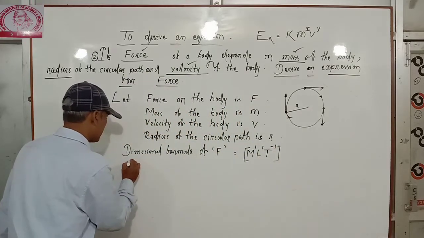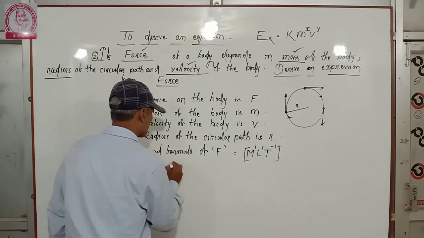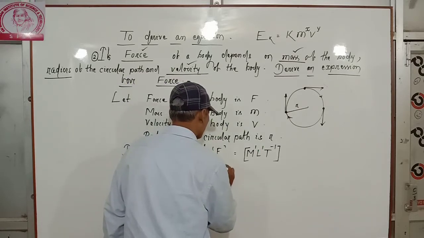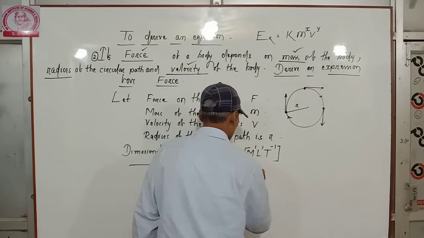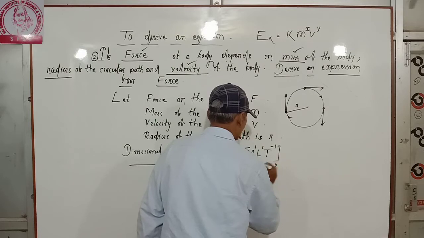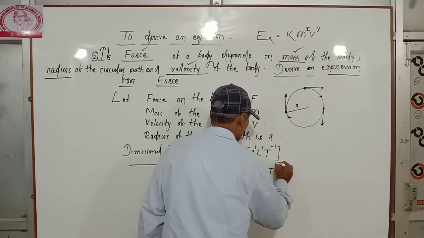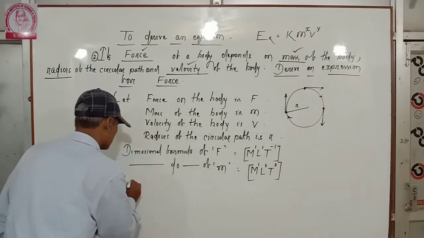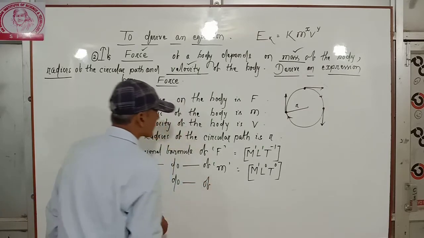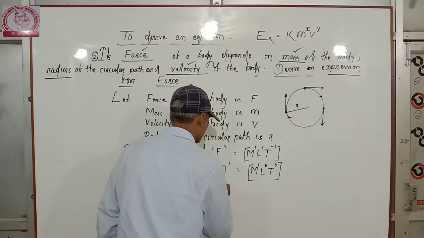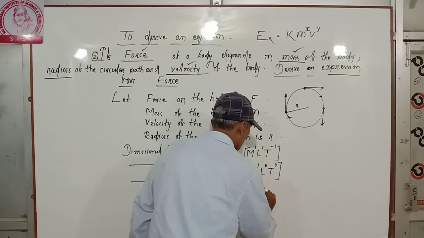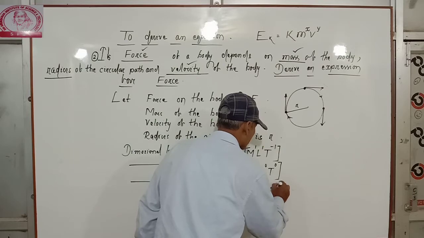Similarly, the dimensional formula of m is M1 L0 T0. Similarly, the dimensional formula of V is M0 L1 T minus 1.